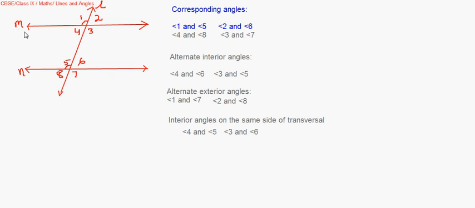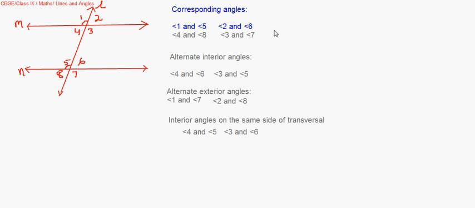If there are two lines drawn and not said to be parallel and there is a transversal, and we see that 4 and 6, 3 and 5, the alternate interior angles, are equal, that would make us understand or prove that M is parallel to N. The first two I said were corresponding, and then the converse of corresponding. The third one I said is about alternate. The fourth one was the converse of alternate.